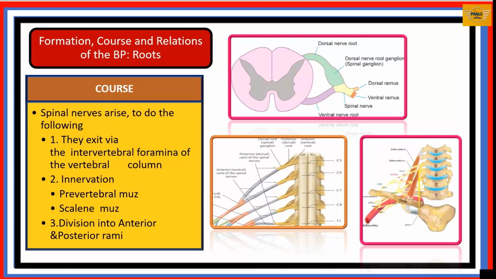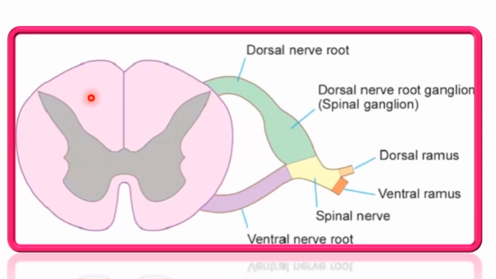Now we start with the roots. The roots will arise as spinal nerves. These are spinal nerves from C5 to T1. Here, this picture shows a segment of the spinal cord, and we're seeing the roots emerging here. Now, when these roots emerge from the intervertebral foramina of the vertebral column, they will do two things.